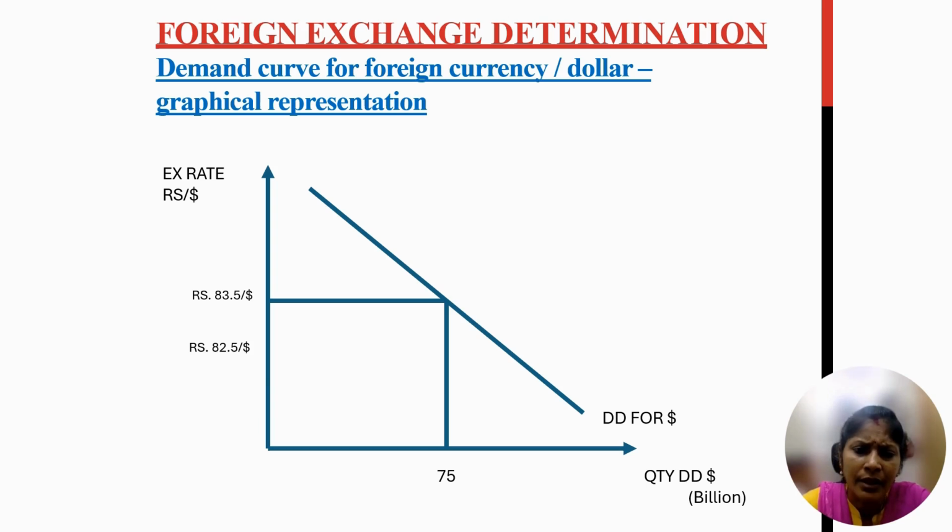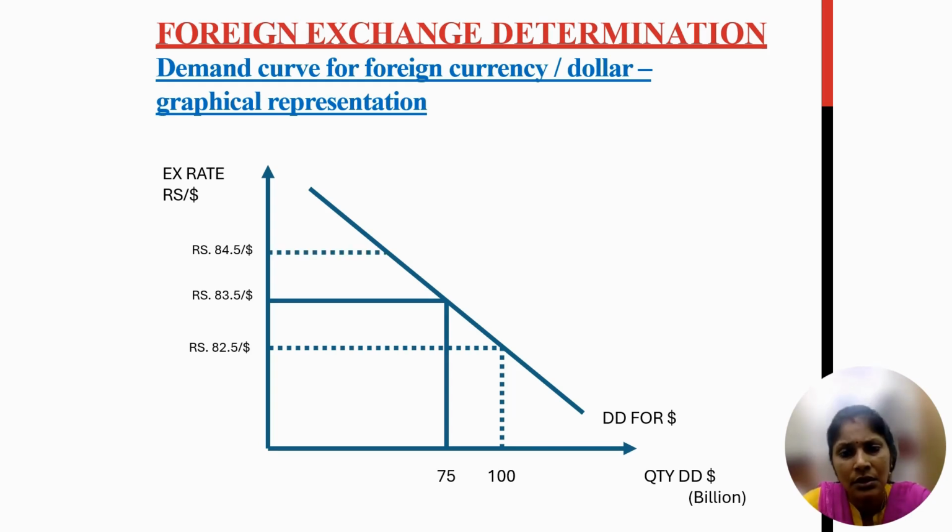When the exchange rate changes to 82.5 rupees per dollar, the quantity demanded increases to 100 billion dollars. When the exchange rate changes to 84.5 rupees per dollar, the quantity demanded decreases to 50 billion dollars.